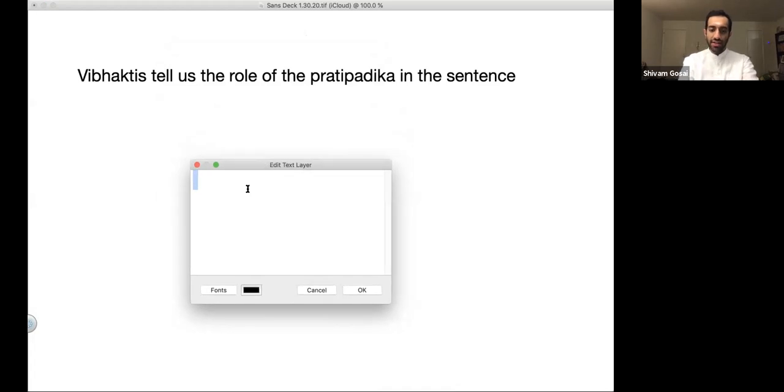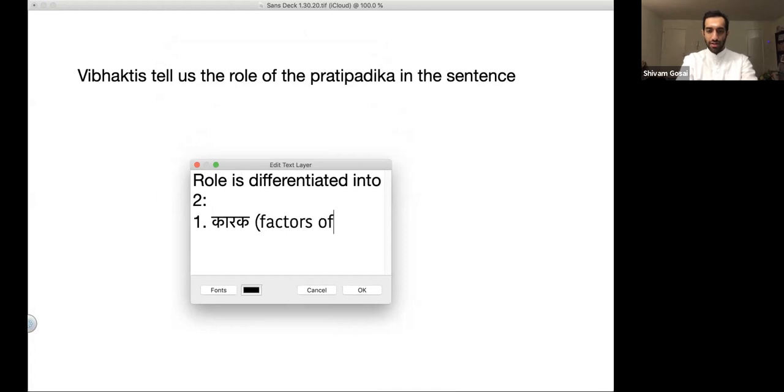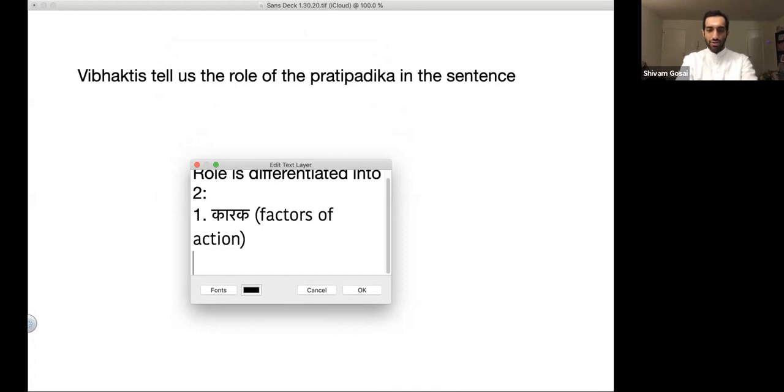The role can be differentiated into 2. One is karaka vibhakti, and 2 is non-karaka.